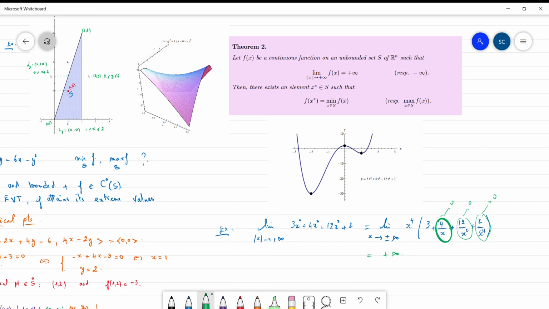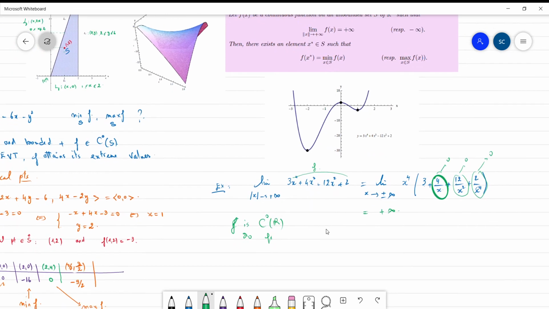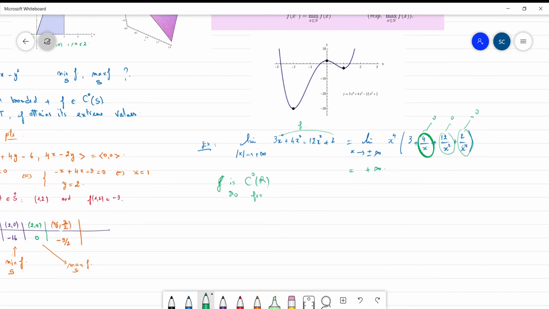So f is continuous, here this is my function f, f is C0 in R everywhere, and I have this behavior. So from theorem 2 there exists x star in R such that the minimum of f over R is f at x star.